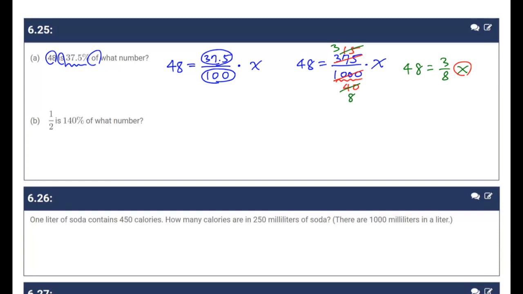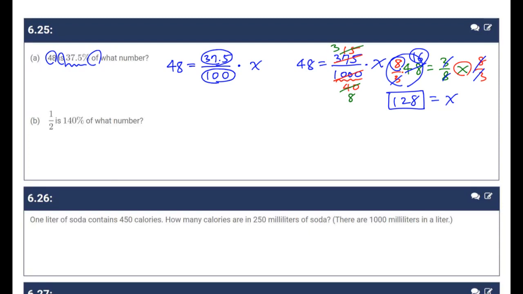So I'm going to multiply by the reciprocal 8 over 3 and 8 over 3 here. Okay? So these will be gone, leaving x alone. And if I reduce this part, 3 goes into 48 16 times. And if I multiply 8 by 16, that's going to be 128, which is the final answer.